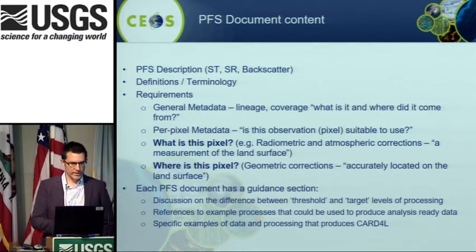Looking a little bit more in detail at the actual contents, within the specs the requirements are for general metadata, providing information, for example, on lineage, and then information on per-pixel metadata. Something that's been discussed a lot up until now is information for each pixel saying what is the quality of this pixel.